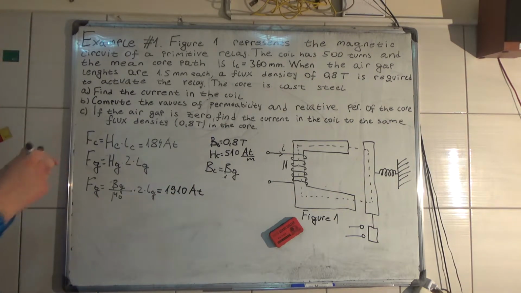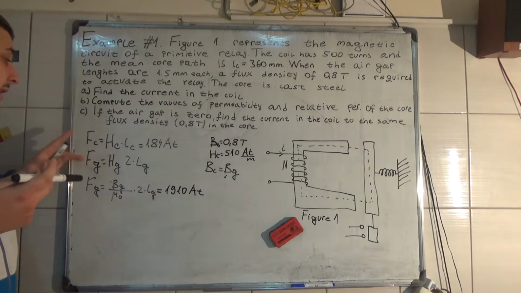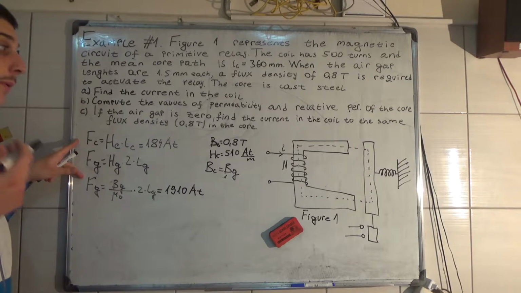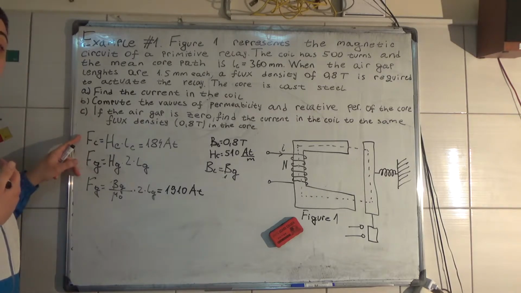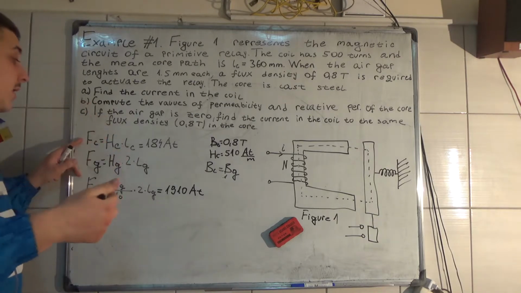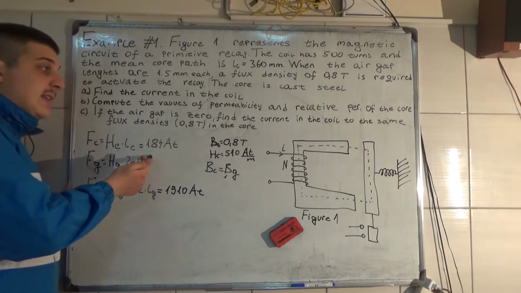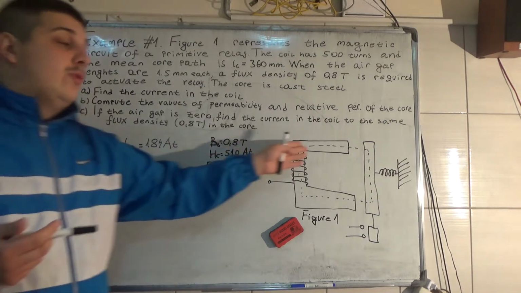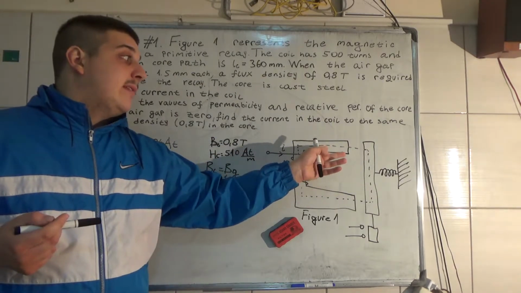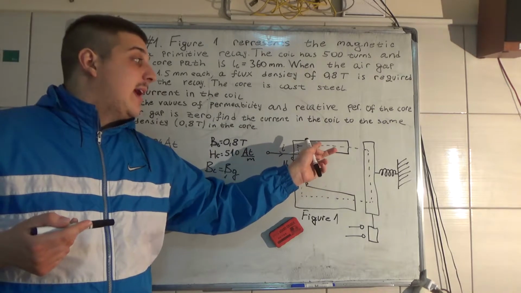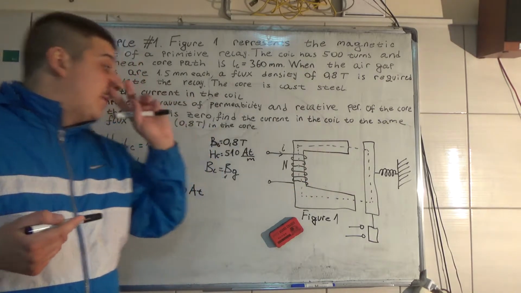So now, I don't know if you can see, but does this say something to you? Well, for the core we need much less magnetomotive force to magnetize the core to have 0.8 Tesla in the magnetic core.